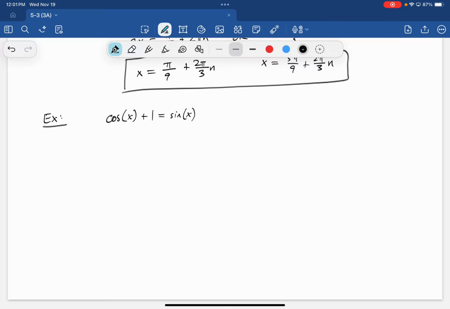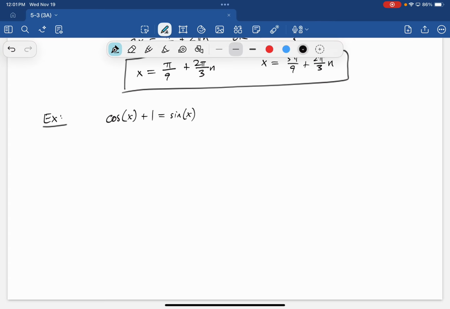This equation is really hard to solve because not only do we have a mix of two different kinds of trig functions, cosines and sines, but also we don't have any identities with which we can reduce them into a single type of trig function. We don't have any identity that can turn a single cosine into a sine. We have it for cosine squared, but not for just a cosine.